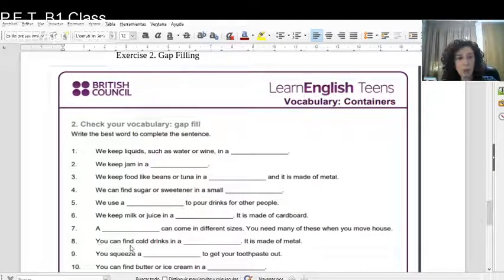You can find cold drinks in a... It's made of metal. 9. You squeeze a... to get toothpaste out. And 10. You can find butter or ice cream in a... Then pause the video one minute and do it.